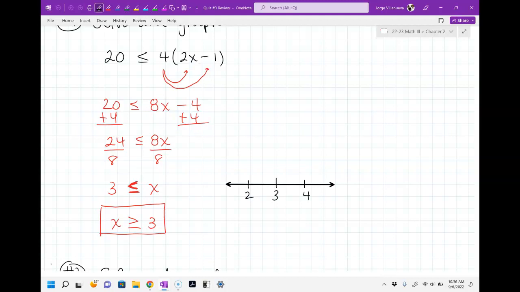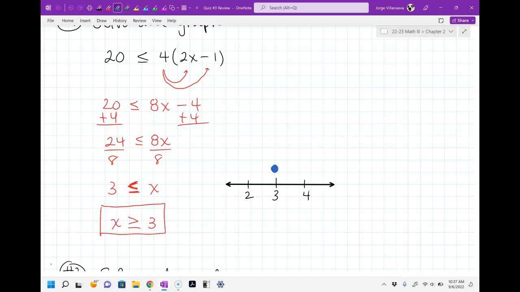I'm going to have to draw a dot at 3, but should it be solid or an open dot? A solid, right? Anything that says greater than or equal to or less than or equal to gives you a solid dot. If it's just greater than or less than, it's empty. Which direction should I go if it says greater than or equal to? To the right.